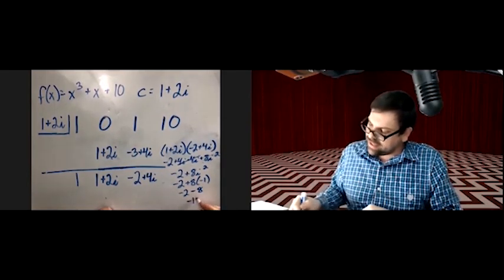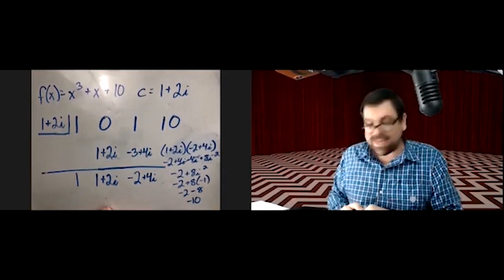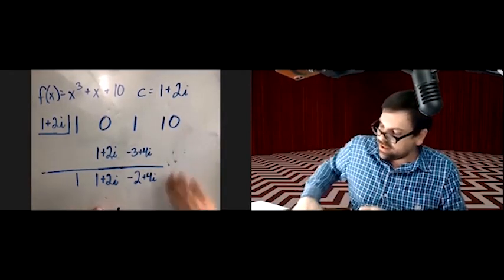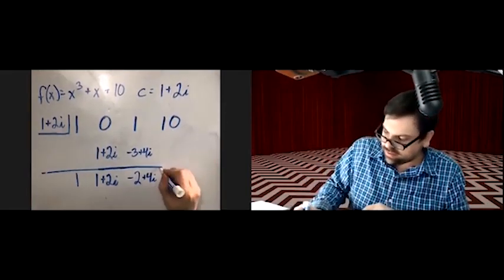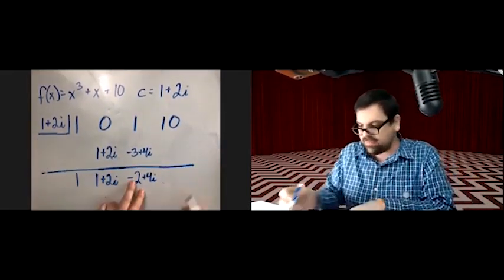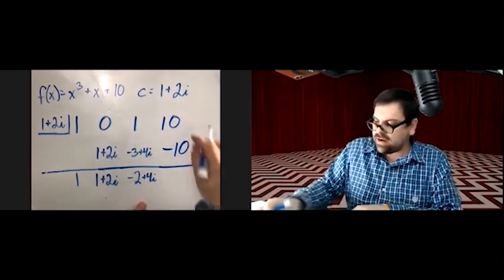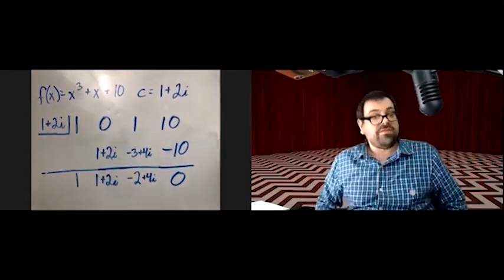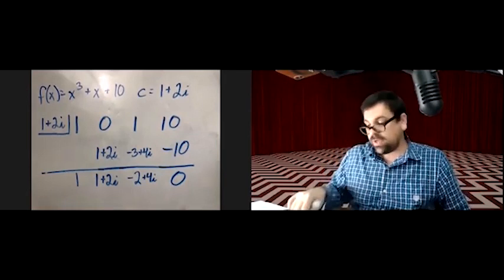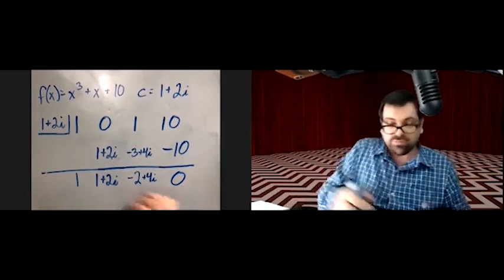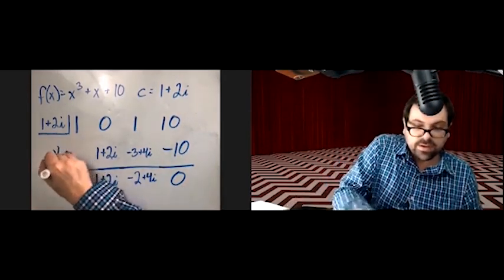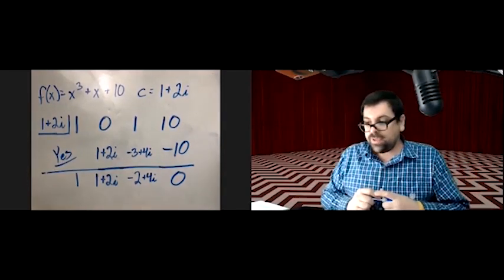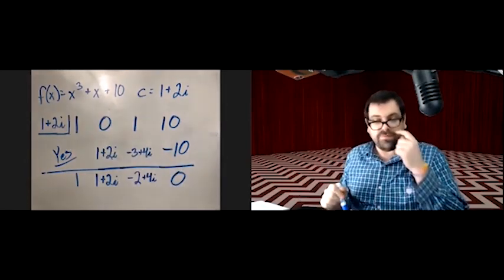Negative 2 minus 8 is negative 10. So negative 10 is what we get when we multiply this times this. 10 plus negative 10 is 0. So all of that very careful work, we get a remainder of 0, which means yes, 1 plus 2i is a 0 of this function.